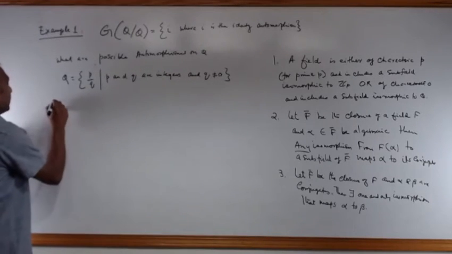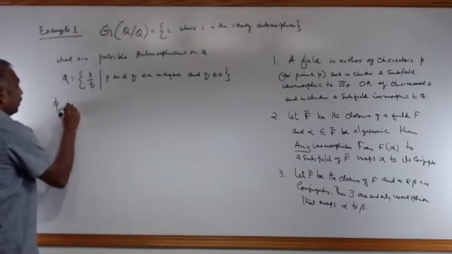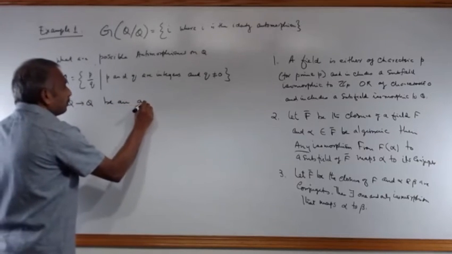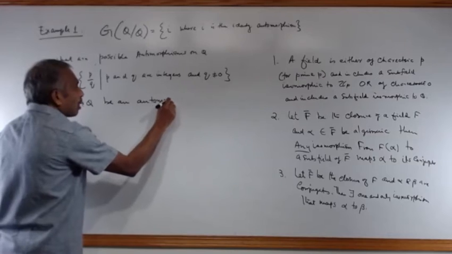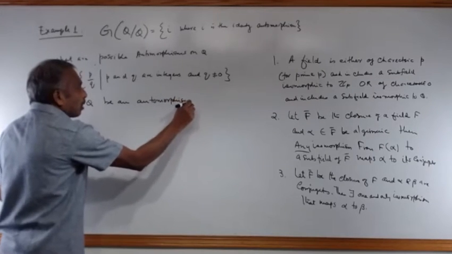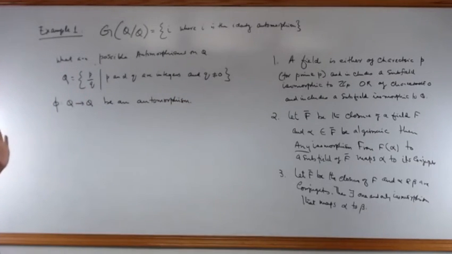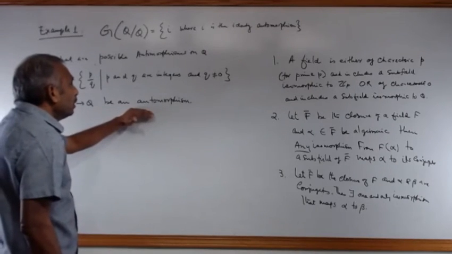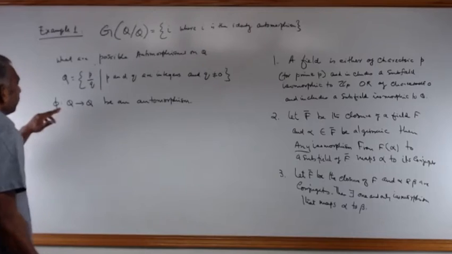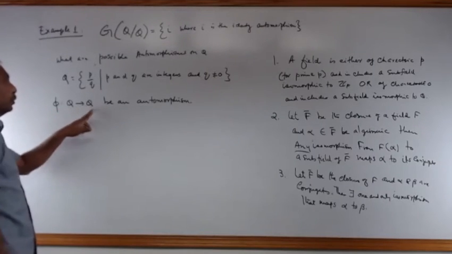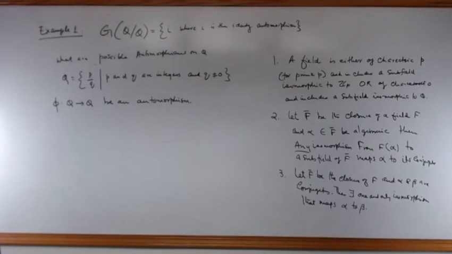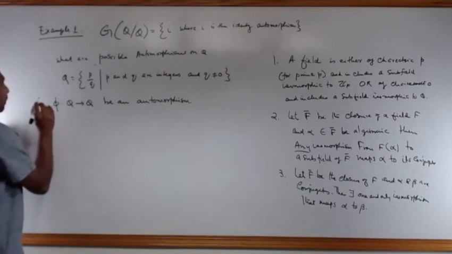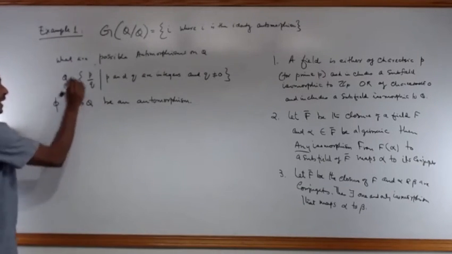Now let phi from Q to Q be an automorphism, meaning it's a one-one and onto homomorphism from Q to Q. There are three conditions here.